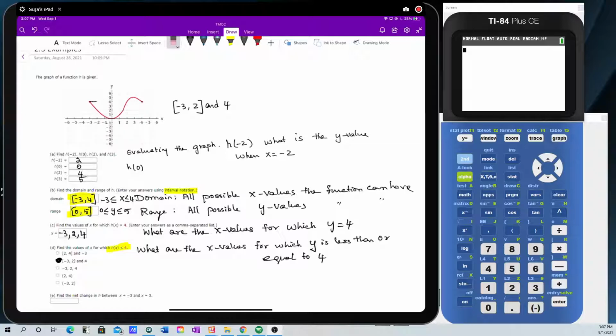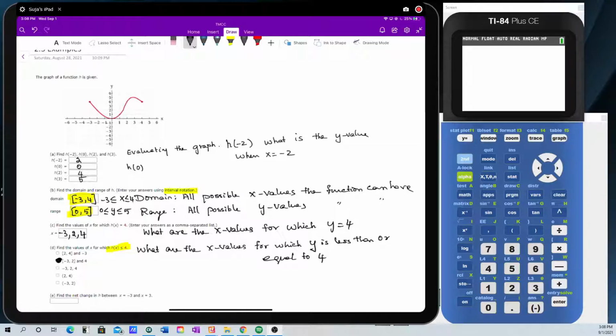Okay. Now the last but not the least, find the net change of h between x equals -3 and x equals 3. Net change here means change in h between x equals -3 and x equals 3. So again, we did a problem like this before, but it was an algebraic one. So let me see what is the y value when x is -3.